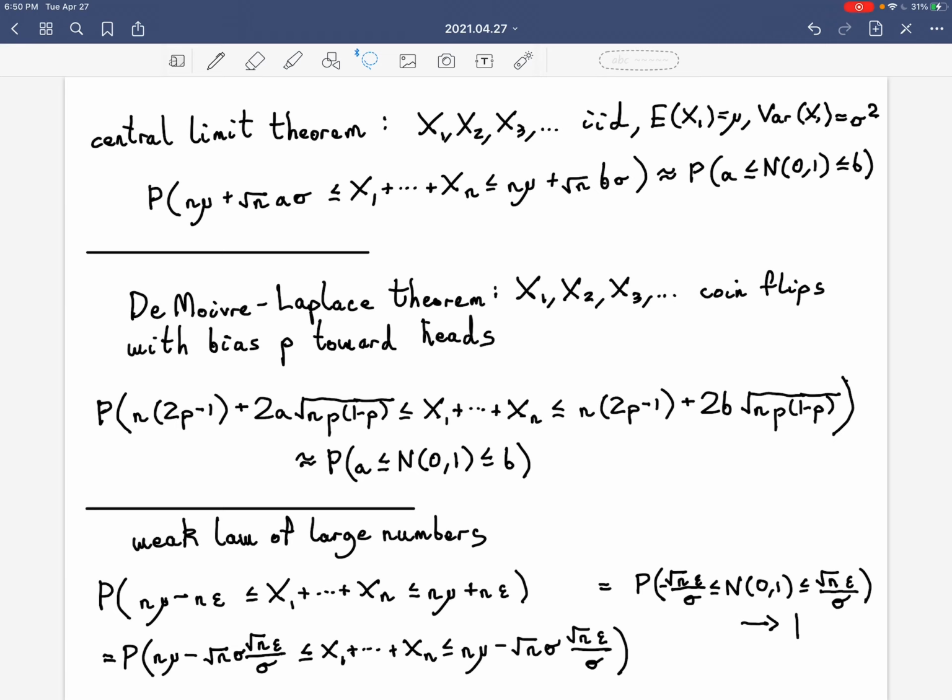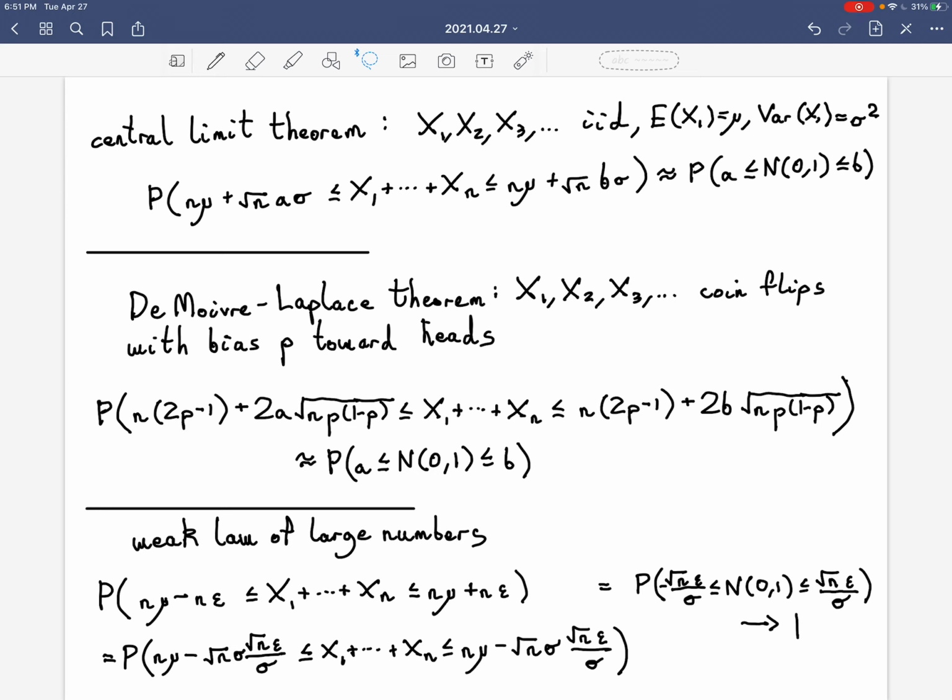Okay. So we can see how to make a comparison between the central limit theorem and the two predecessor results that we've discussed earlier. So the central limit theorem is this sequence of independent, identically distributed random variables where the common expectation is mu and the common variance is sigma squared.